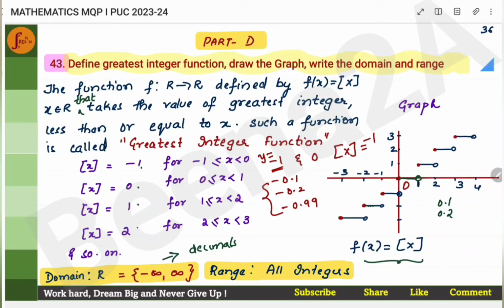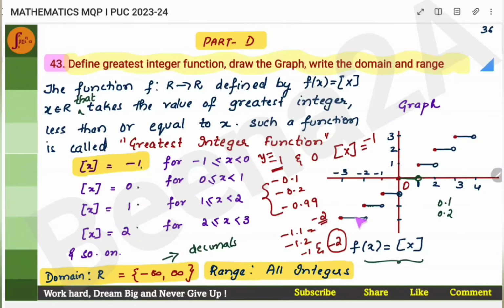This way. Say you have values from minus 1 to minus 2, right? Say minus 1.1 or minus 1.2. Then the function will have minus 2 as the function value, because between minus 1 and minus 2 is the least integer. So the function will return minus 2 as the answer.